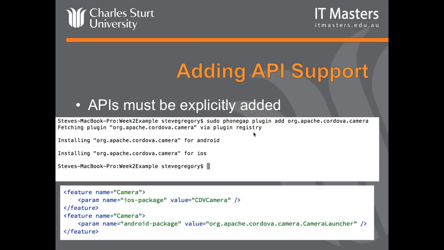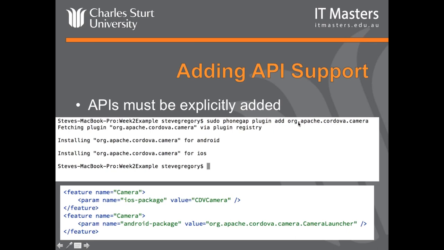So in order to do this, under the newer versions of phoneGap, you actually have to explicitly add the APIs that you want to work with. So what we want to do tonight is work just with the camera. So we can use this command here, phoneGap plugin add, and then the name of the plugin. So in order to find out what the name is, you're going to have to actually get it from the phoneGap site, but it's got a full list of everything.